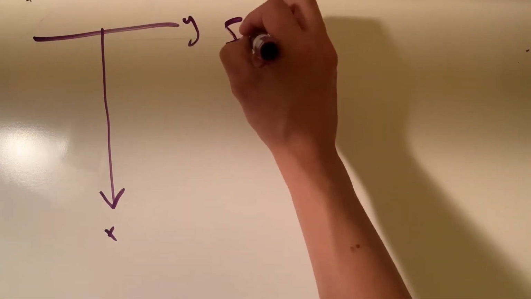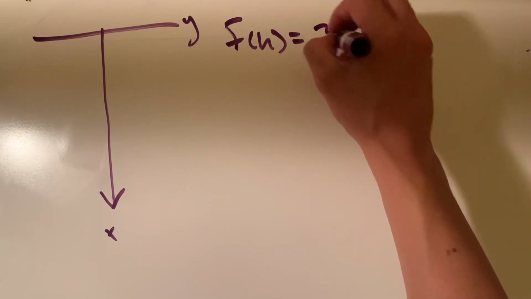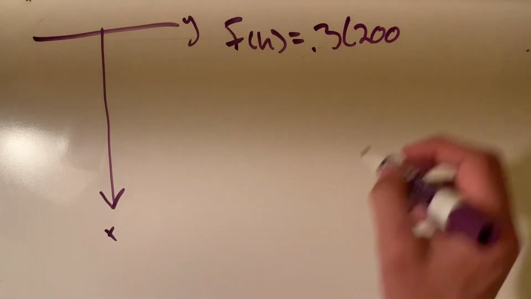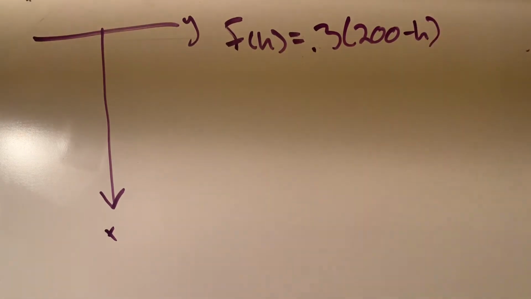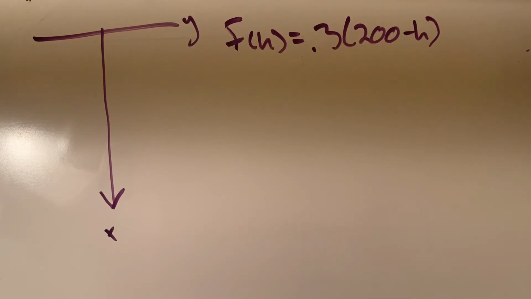So our force in terms of height equals 0.3 times 200 minus the height, because total weight will be 0.3 times 200, but then after the course of 200 feet have been lifted, there will be zero force.